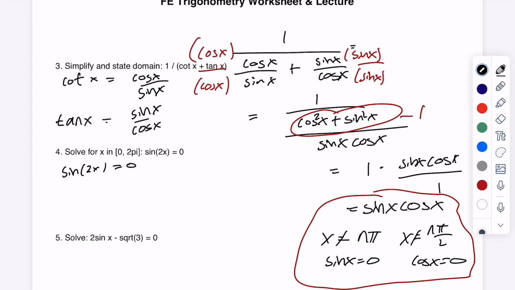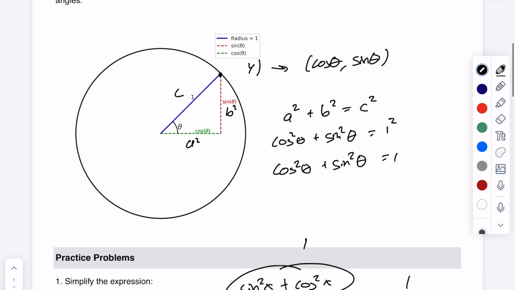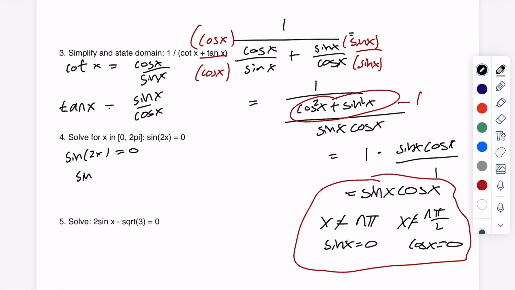And so if we put 0 in here, sine of 0 is 0, because our y-coordinate is 0 at 0. So sine of 0 equals 0, and x equals 0.